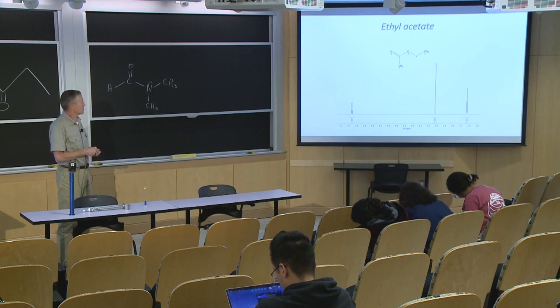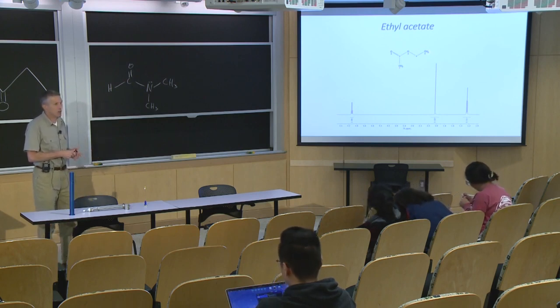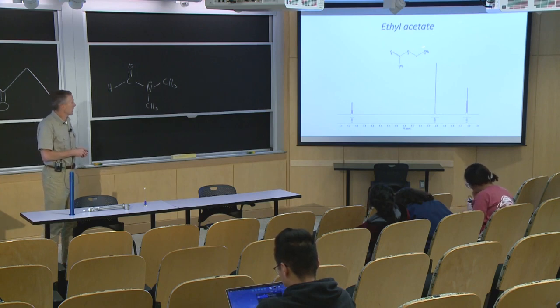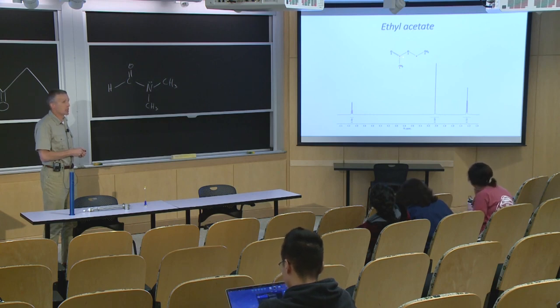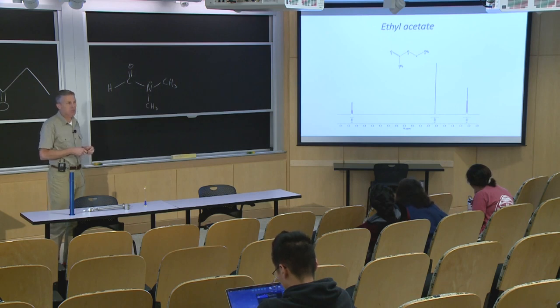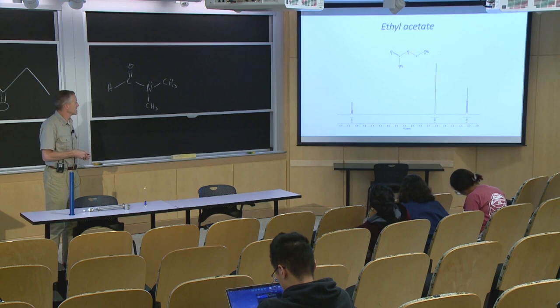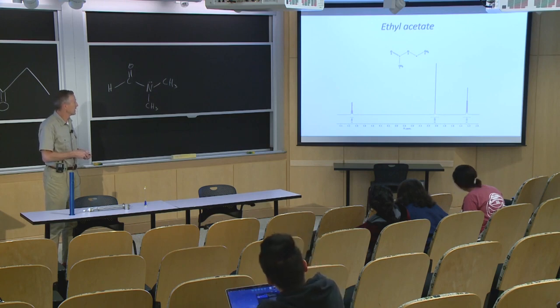Now we've got to choose, is it from this methyl or is it from this methyl? And so you would look and say, okay, both of these are bound to carbon, but the carbon that this one is bound to is a carbon that is doubly bound to an oxygen. So electron density is being drawn away from that carbon by the oxygen. So that's still going to also have electron density being pulled away from this methyl, and so that's going to shift it down here.